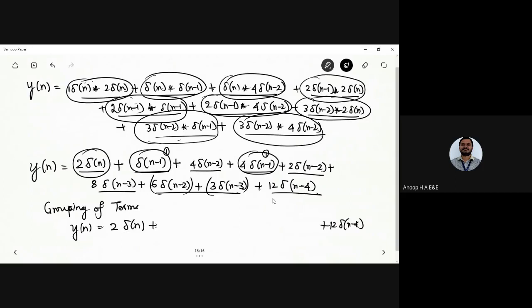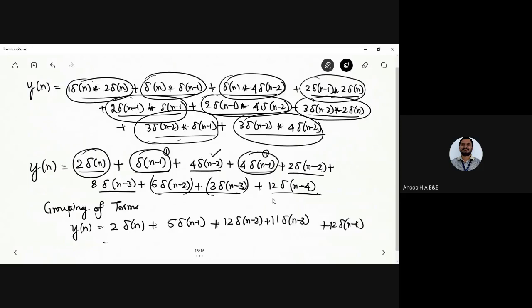Now 1 plus 4 is 5 times delta of n minus 1. I am writing it directly. 2 times delta of n minus 2, next 2 plus 6, so you have one more term, the third term here. 4 plus 2, 6 plus 6, that is 12 times delta of n minus 2, plus 1 plus 2 times, that is 11 times delta of n minus 3.